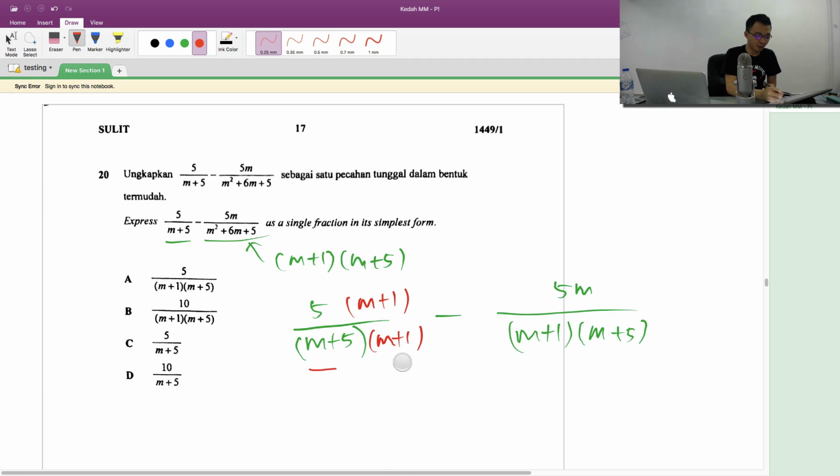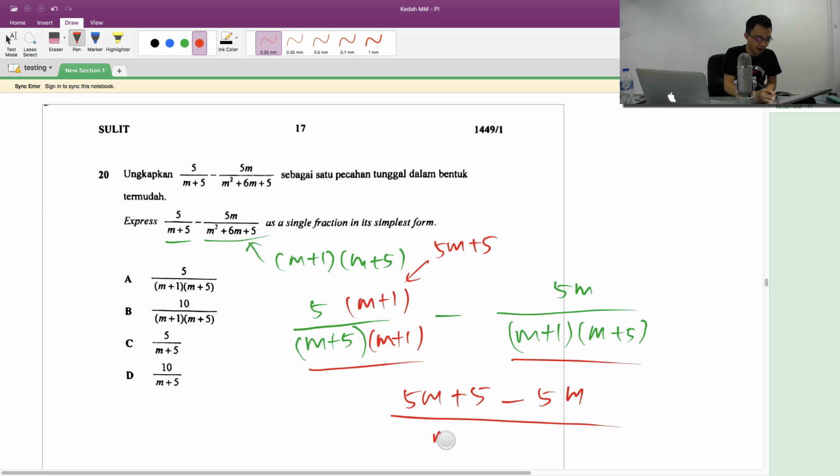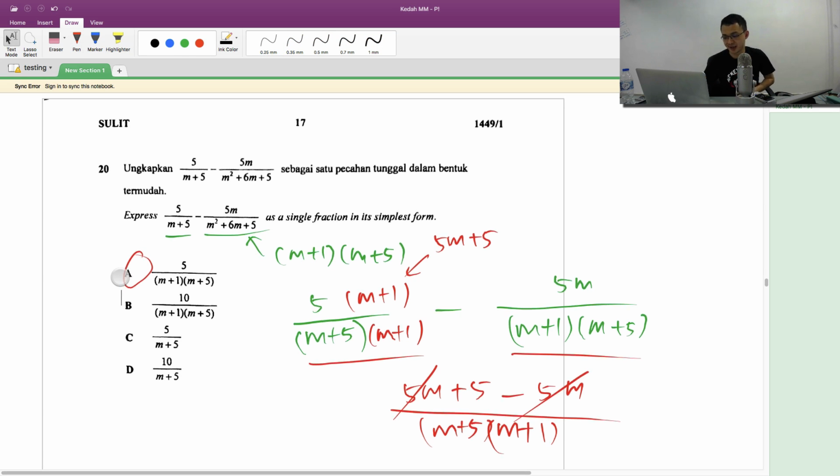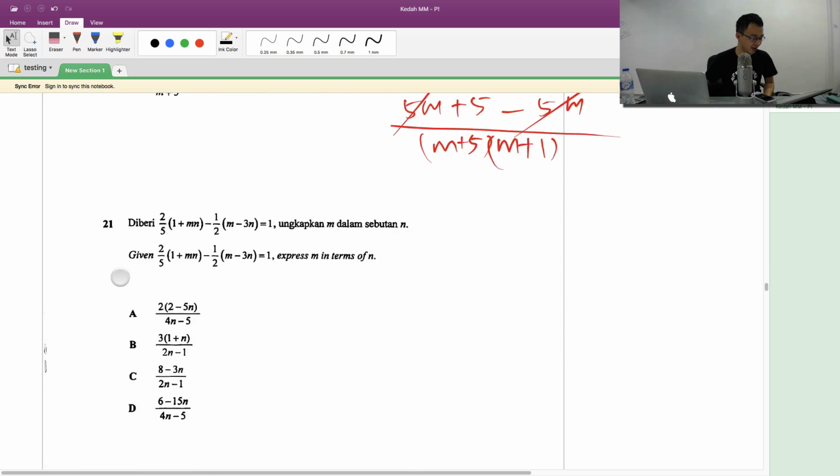So this one, after you simplify, should be 5m plus 5. So I will have 5m plus 5 minus 5m over m plus 5, m minus 1, m plus 1. 5m cancels, I am left with 5 on the top, so the answer will be A. Alright, it's quite easy, as long as you know you have to factorize it.